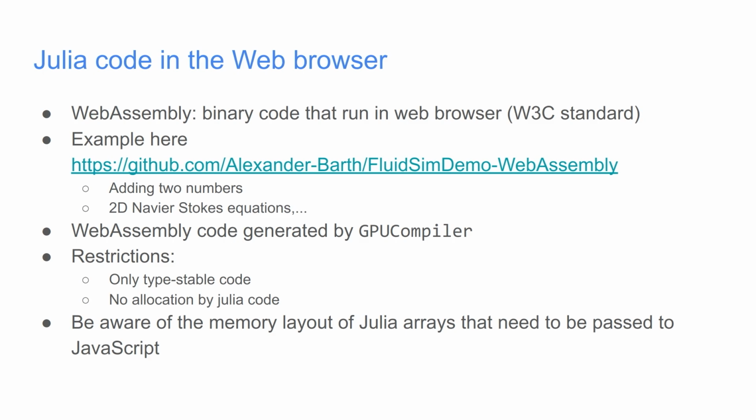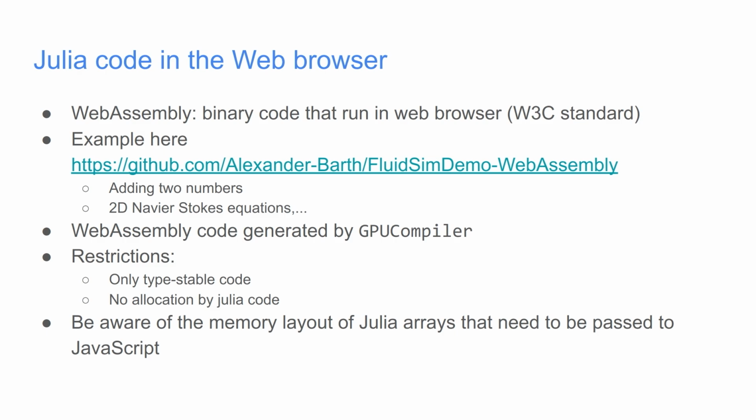And now something very different is that I worked also on running Julia in the web browser. And this is possible thanks to WebAssembly, which is a binary code format. So the web browser cannot only execute JavaScript, but it can also execute WebAssembly.